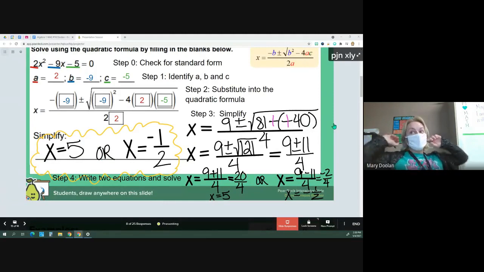So this is how we can use the quadratic equation to solve this.